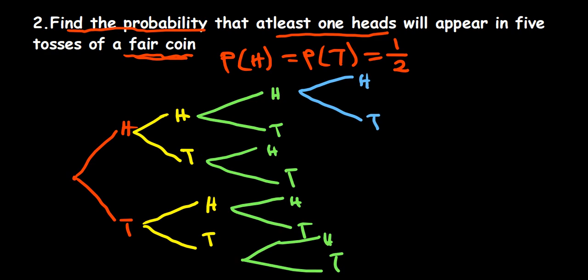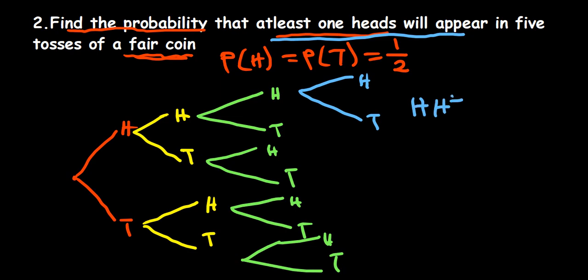Now notice what the question says: find the probability that at least one head will appear. Here we're just going to use the complement rule to find this answer. What does it mean that at least one head will appear? The result we can get from the 5 tosses is that the first one can be head, the second one can be head, the third, the fourth, even the fifth can be head.